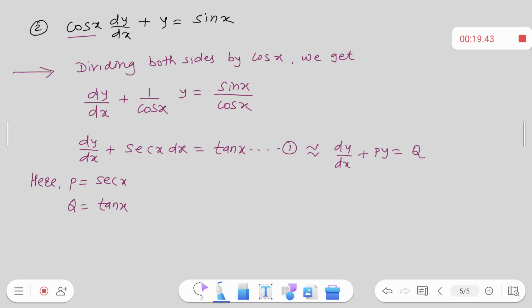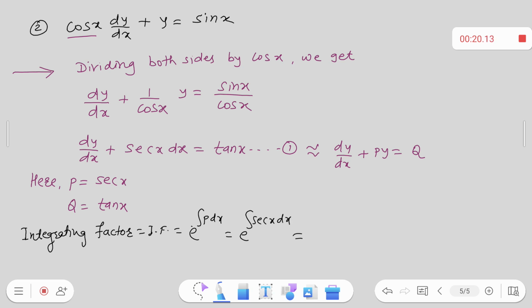Now once we have p and q, find the integrating factor. As we know, the given differential equation is linear, so the integrating factor is e to the power integration of p dx. So e to the power integration of sec x dx.